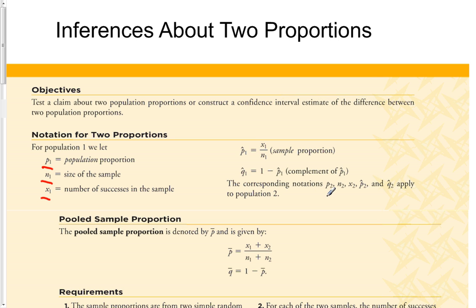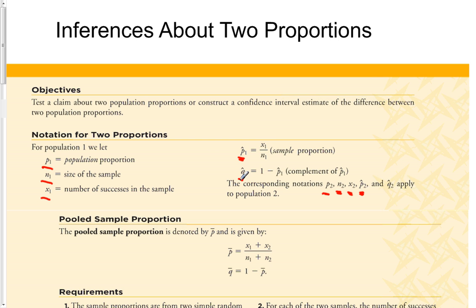The corresponding notation for that is P2, the proportion from the second population, N2, the sample size of the second sample, X2, which is the number of successes in the second sample, and we have P hat 1, which is the sample proportion of the first sample, which corresponds to P hat 2, the sample proportion of the second sample.